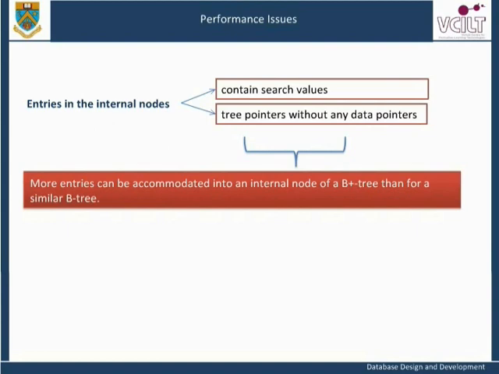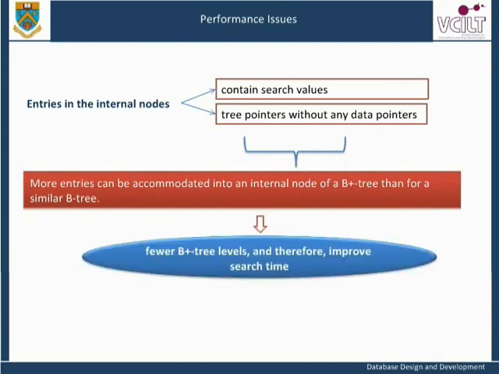This can lead to fewer B+ tree levels and therefore improve search time. Because structures of internal nodes and leaf nodes are different, their orders can be different. Generally, the order P is for the internal nodes, and leaf nodes can have a different order, denoted as P-leaf, which is defined as being the maximum number of data pointers in a leaf node.